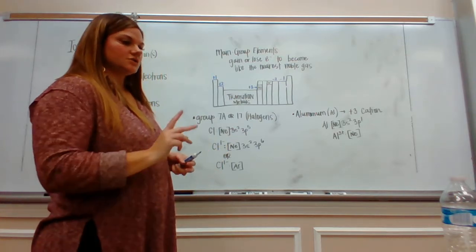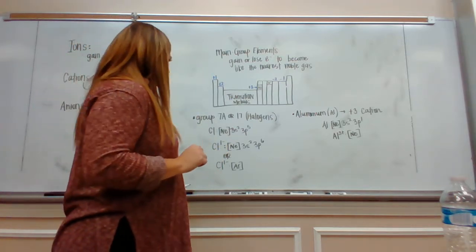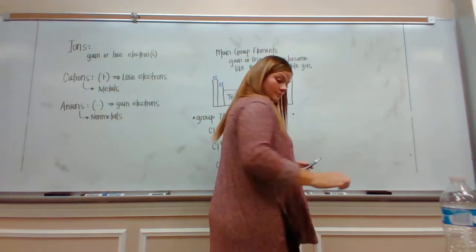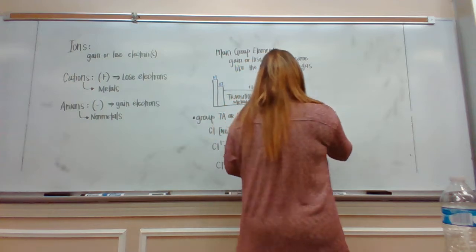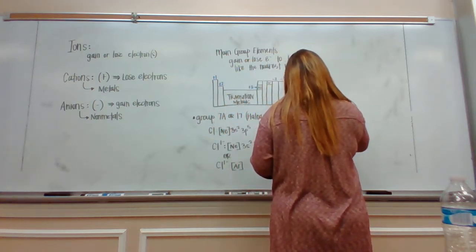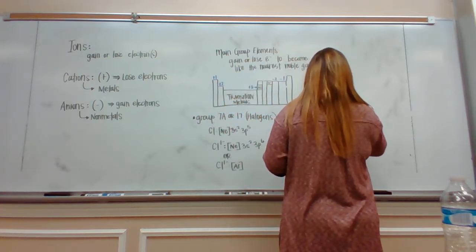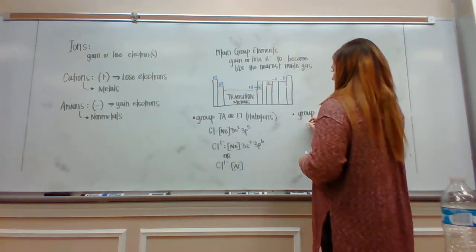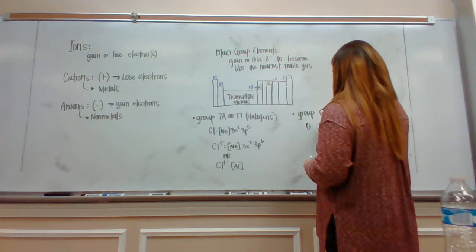Okay, so oxygen prefers to gain 2 electrons. I'll write it. 6A or 16 does not have a name. Oxygen's an example.